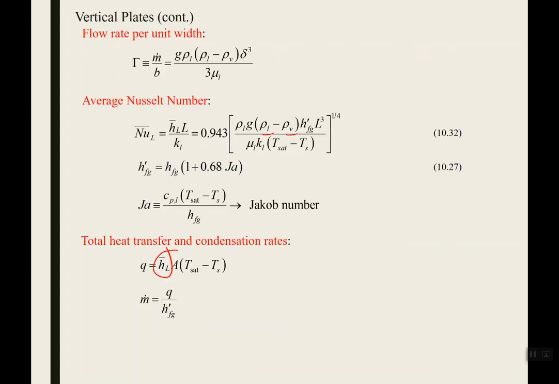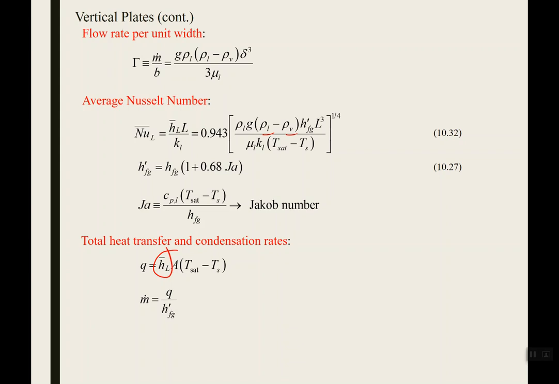So at the end of the day, despite all the complex things that are happening, we're going to find ourselves using a correlation to calculate our average heat transfer coefficient. So just like in forced convection and free convection and in boiling, in condensation, you can get to a point where there are correlations that exist to calculate your heat transfer coefficient.